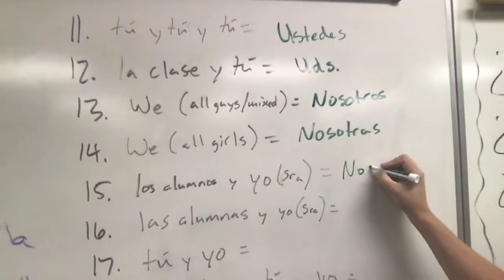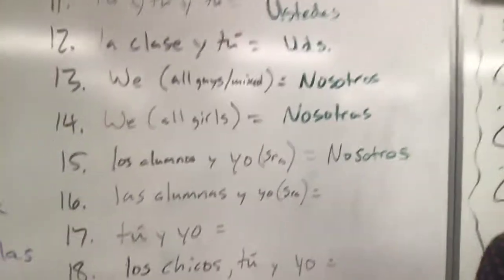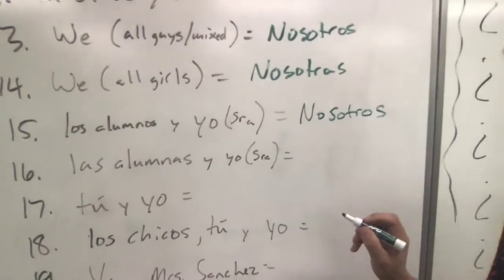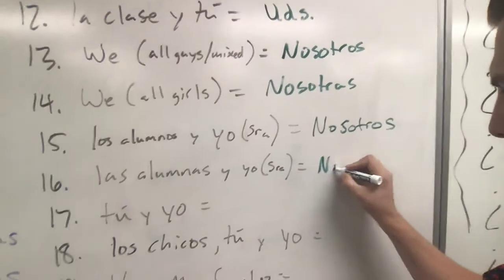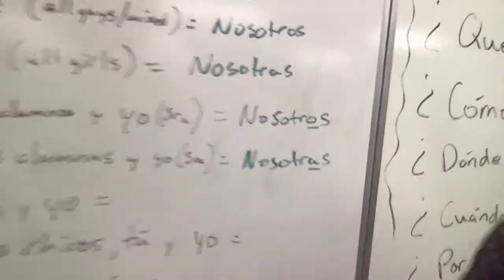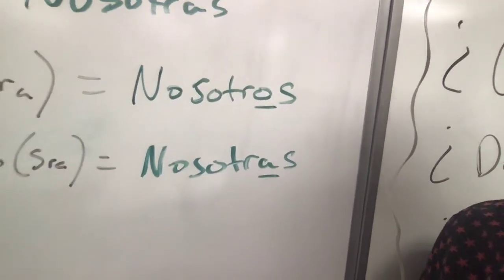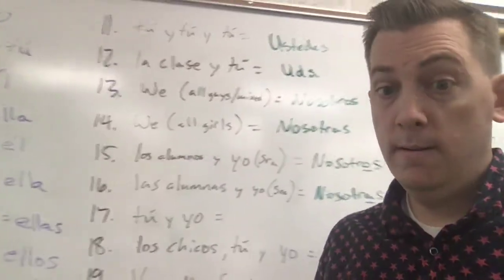We're going to use the masculine form. Nosotros. Okay, number 16, though, is las alumnas, the female students, and I, the female teacher. Nosotras. Notice nosotros, nosotras.